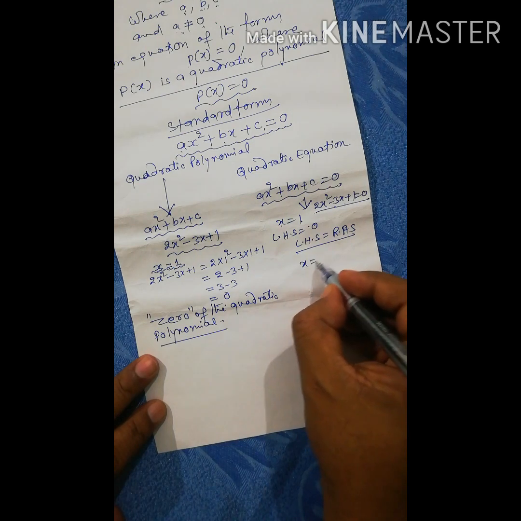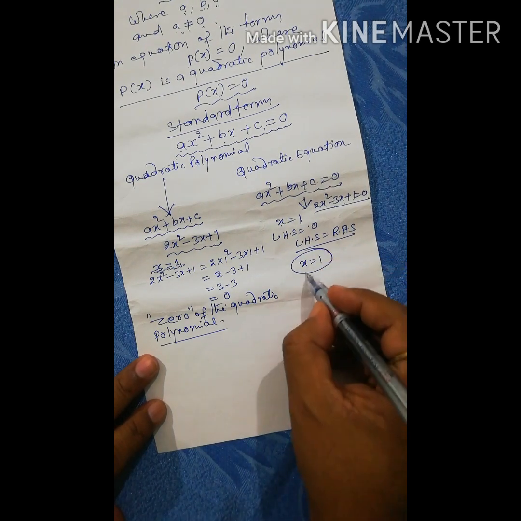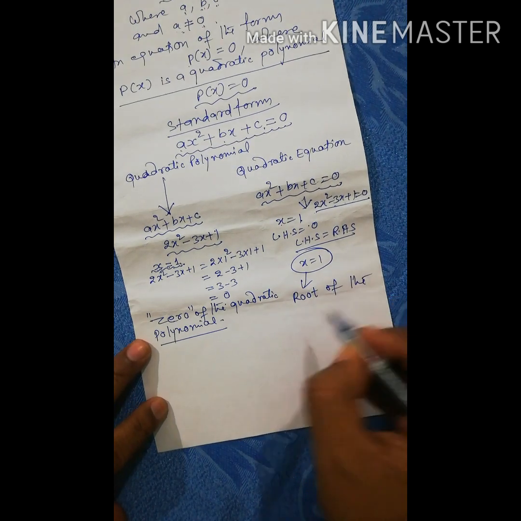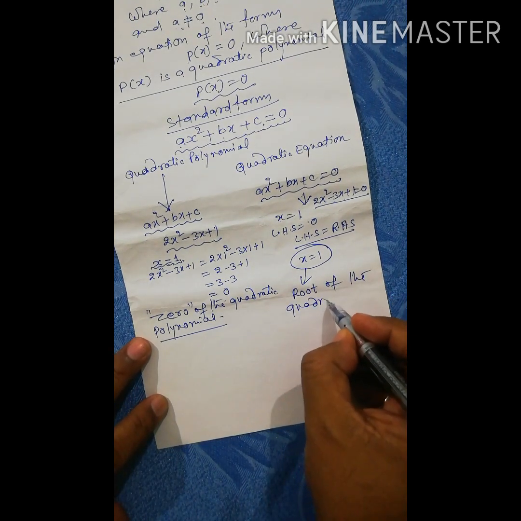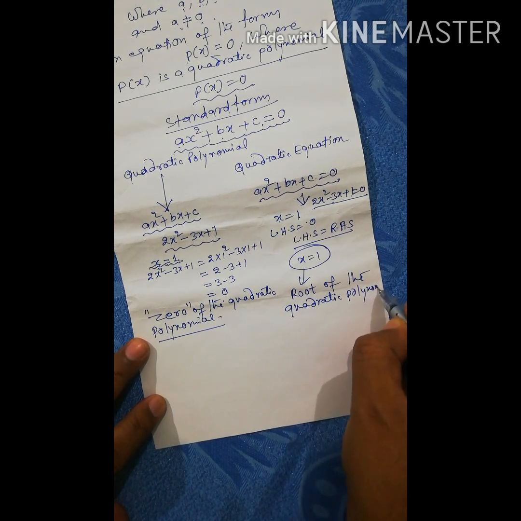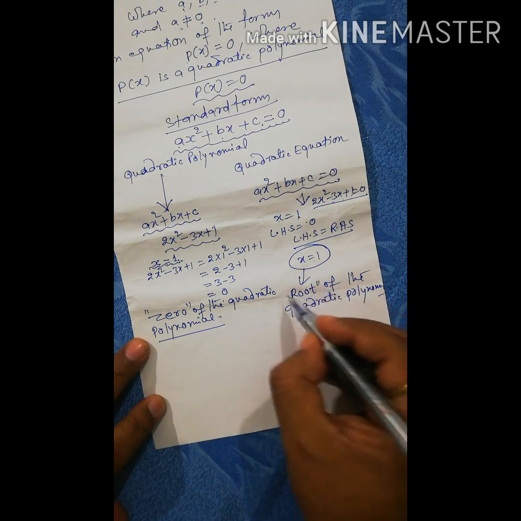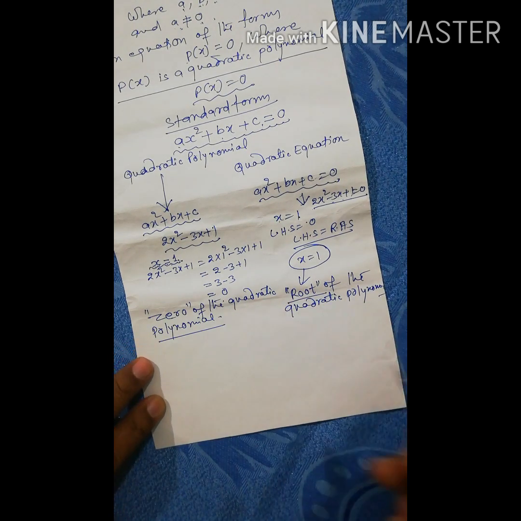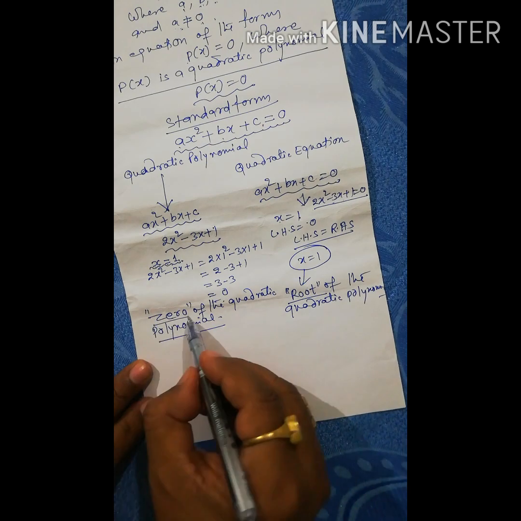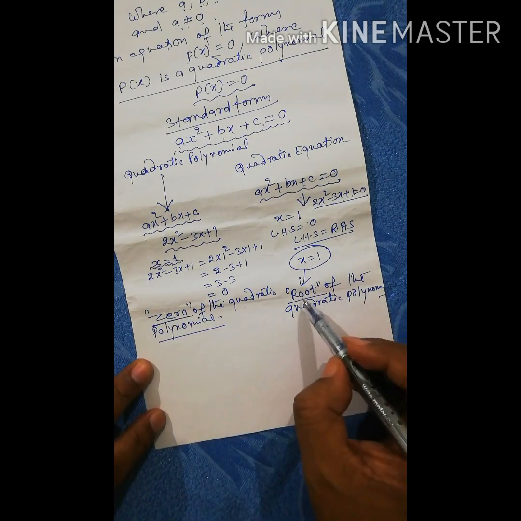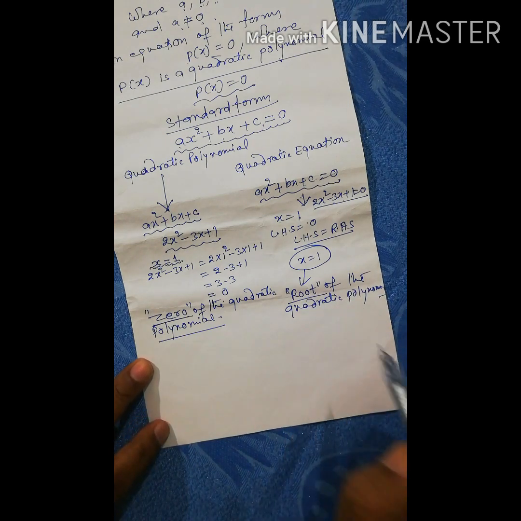Therefore, x = 1 is called a root of the quadratic equation. In a polynomial we use the term zero of the polynomial, and here we say root or roots of the equation.